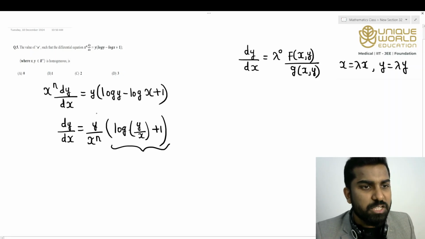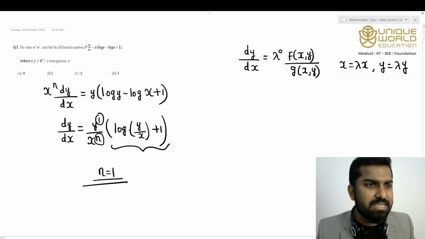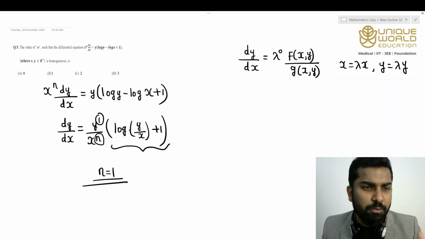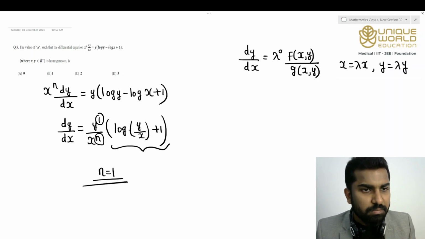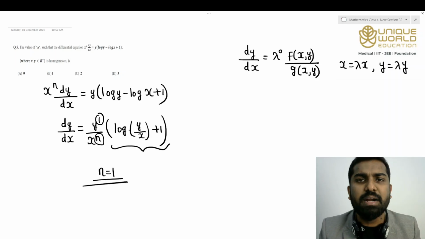Now y divided by x power n: if you substitute lambda y and lambda x and take lambda outside, both have to become equal. The power of x power n and y must be equal. So x power n will be equivalent to y to the power n. Powers are equal, so n will be equal to 1. It's pure observation. The log of y by x part is homogeneous.